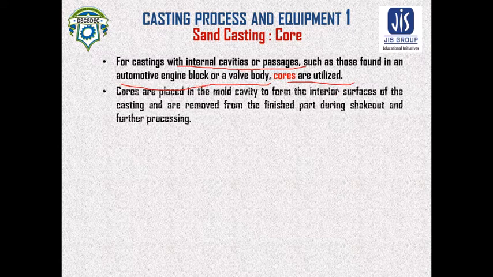How are the cores utilized? Cores are placed in the mold cavity to form interior surface of the casting, and are removed from the finished part during the shakeout or further processing.